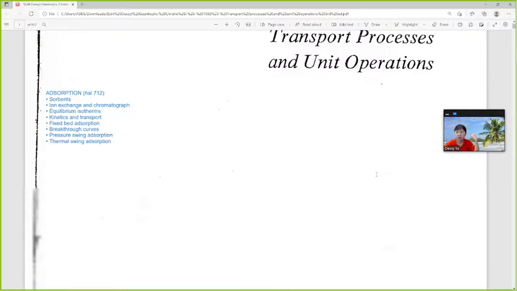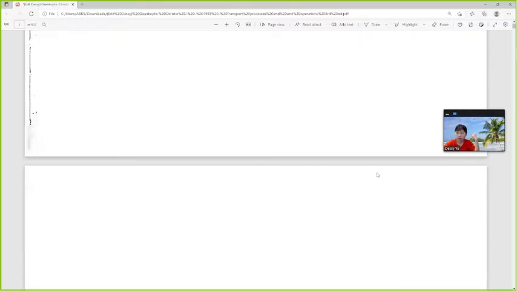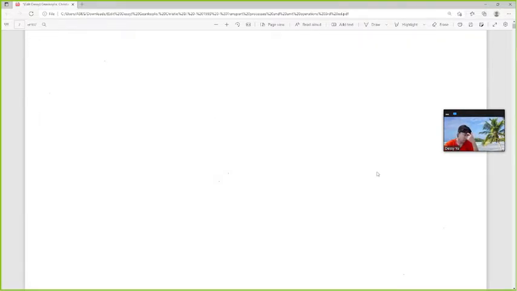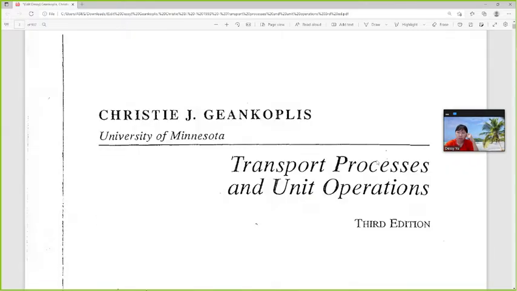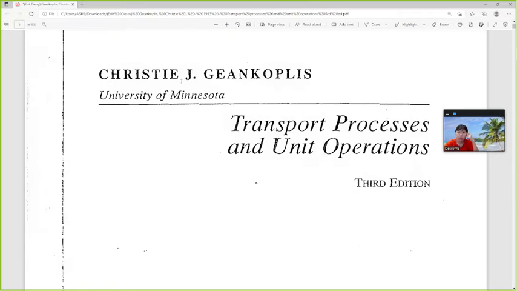I use the 3rd edition. Maybe the latest edition is the 5th. You can download or read it from the library. See, Christie Geankoplis, the famous name.